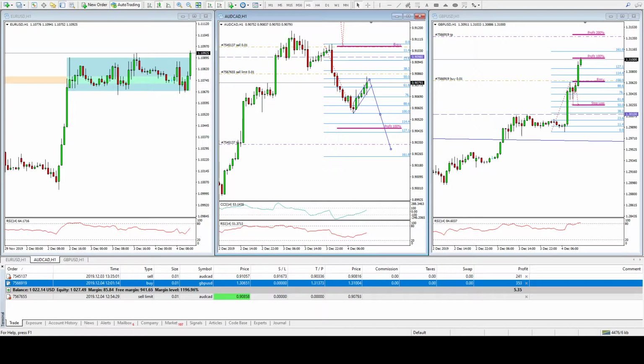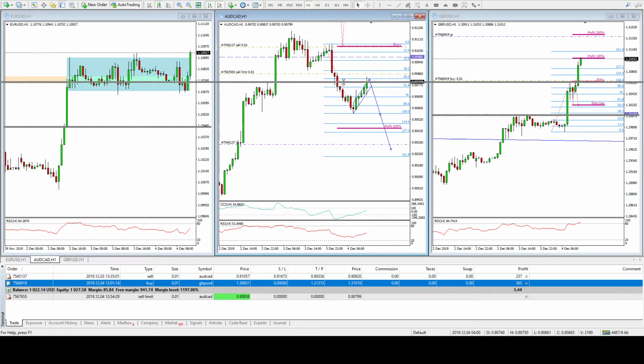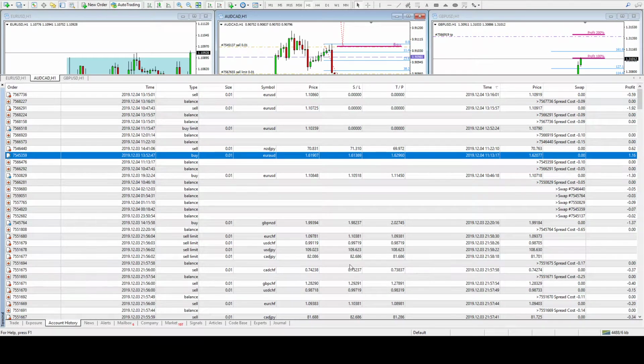So when I turned on my laptop and I opened up the MetaTrader, the EA came on and just entered a bunch of trades. Let me show you. There they are.